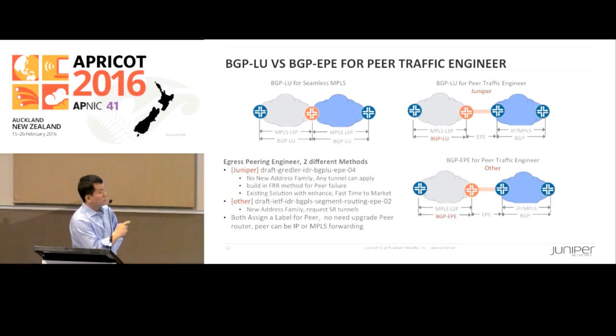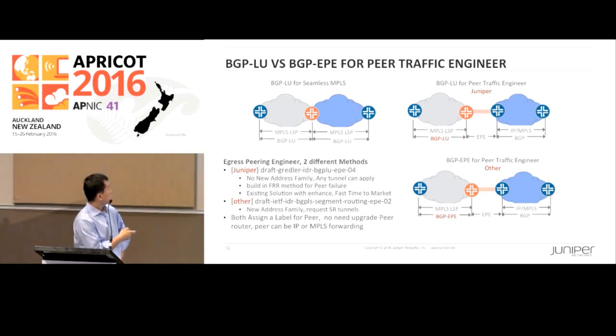From Juniper's point of view, we only extended the EPE link here. So we get rid of this single node, make it two nodes, and only upgrade this one, and we can already support this solution.